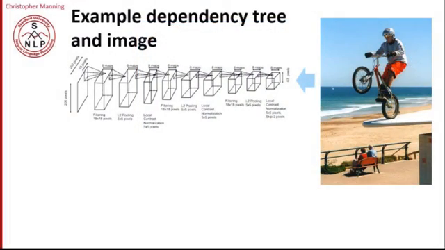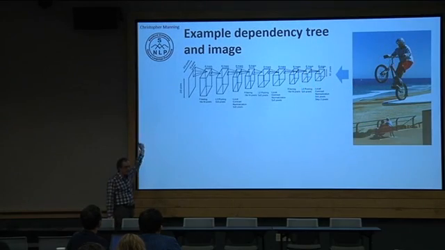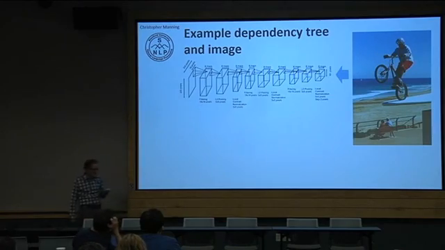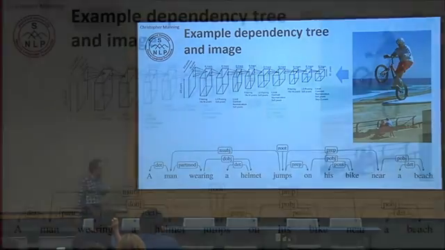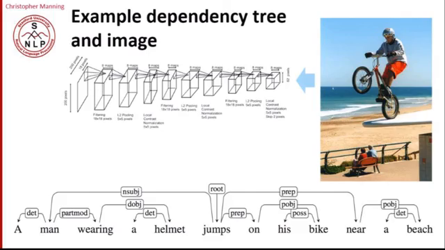So the basic idea is this. For the picture, we run it through the kind of convolutional deep learning analysis that's become very common in recent image processing work, which I'm not going to describe any of the details of right now. For the sentence, we build a dependency parse using the kind of methods just described.